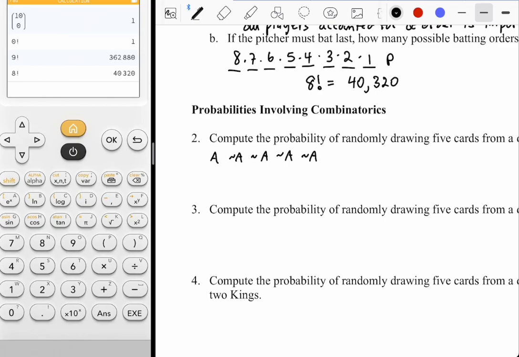All right. Maybe it's the second card that's the ace, and everything else is not an ace. Maybe it's the third card. Fourth card and fifth card. All right, so just thinking about where I should put it.